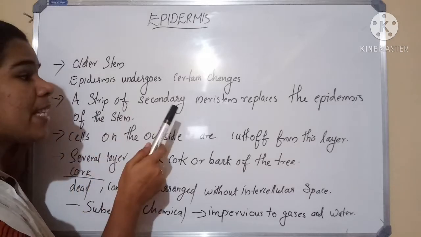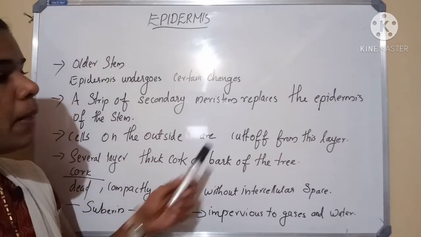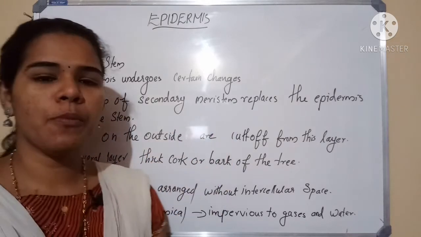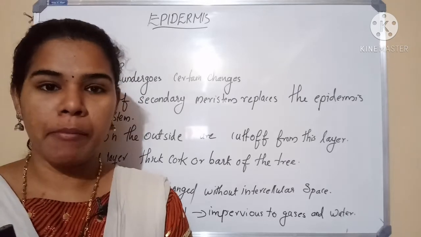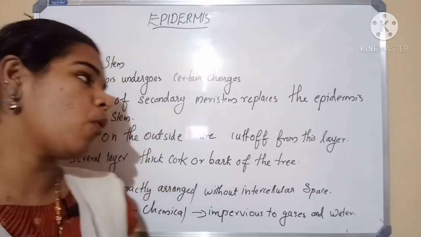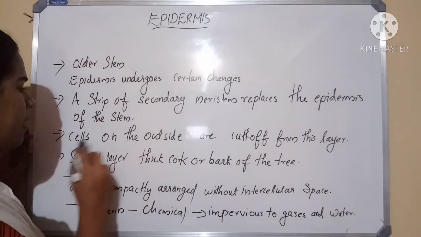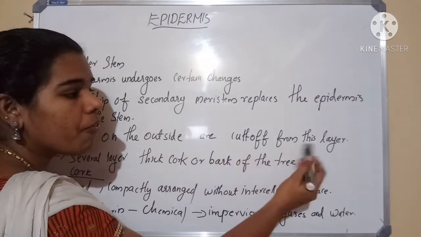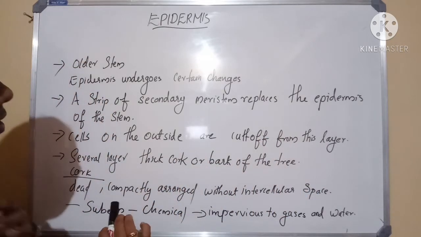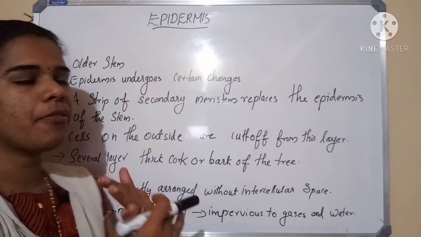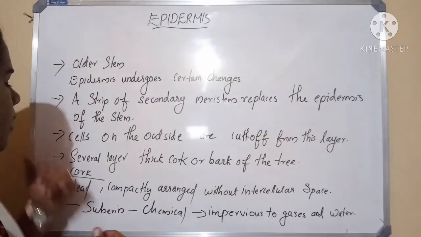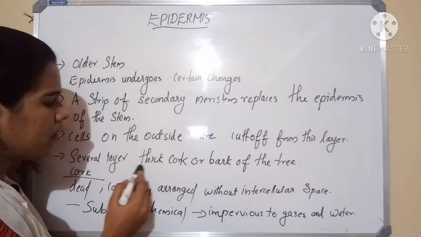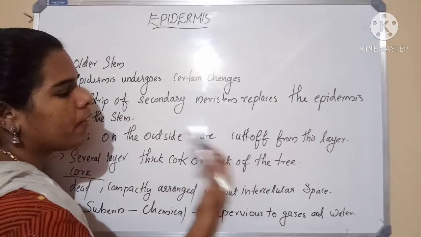A strip of secondary meristem replaces the epidermis of the stem. So a secondary meristem replaces the epidermis cells in the older stem. Cells on the outside are cut off from the layer, and they become several layers thick cork or bark of the tree.